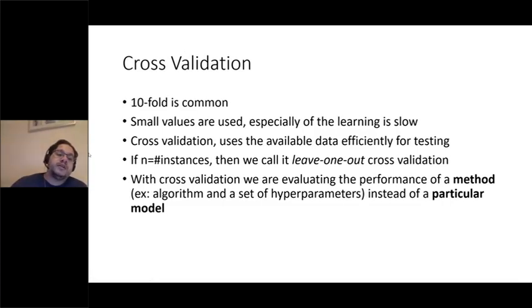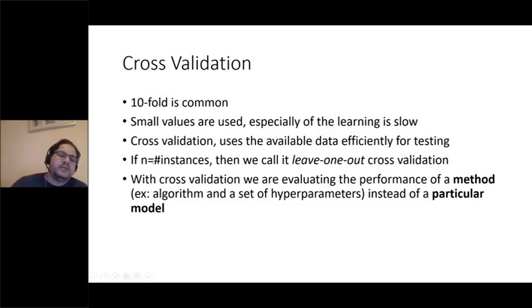What is good about cross-validation is that it uses the available data efficiently for testing. We use all the data for testing instead of just a small portion. So it tells us how our choices are affecting across the whole thing, rather than a small part.